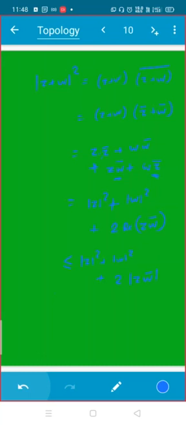Plus 2 mod Z mod W bar. Exactly, very good. So this is just equal to mod z square, so I am just writing this less than equal to mod z square plus mod w square plus 2 mod z mod w bar.